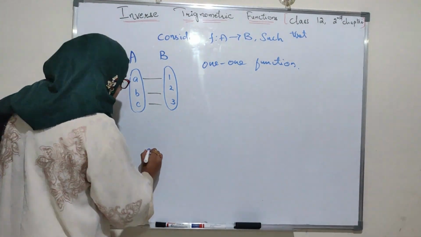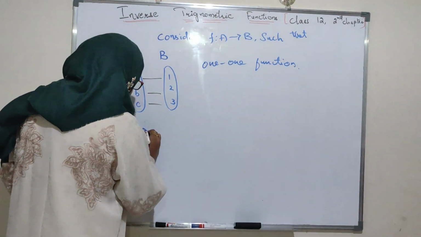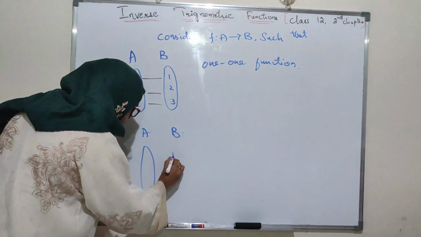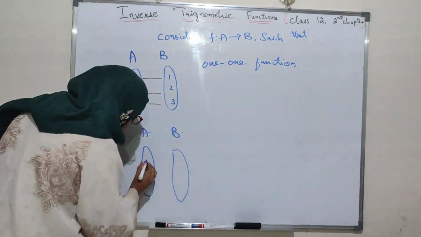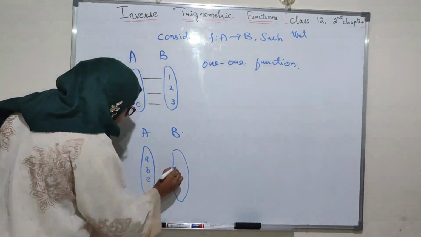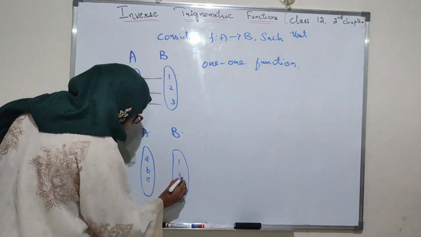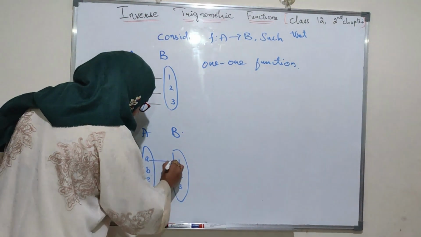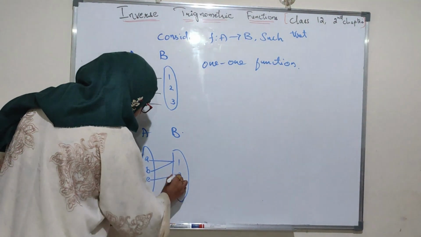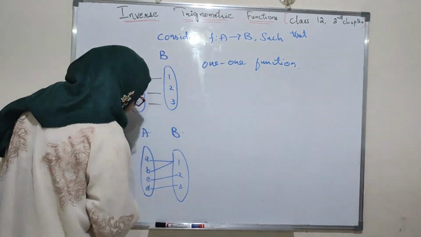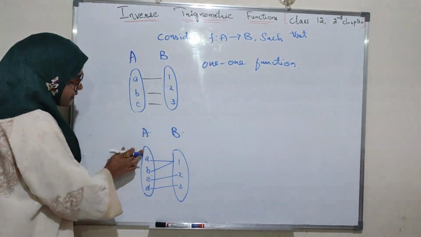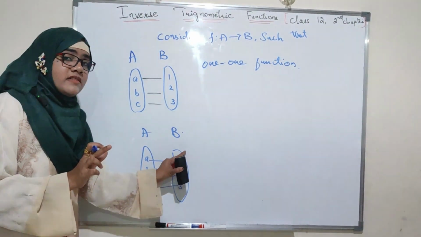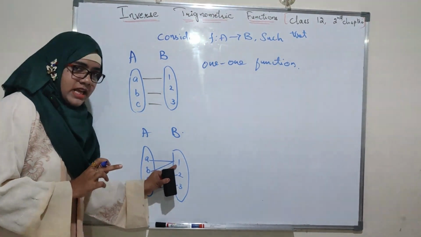Now consider another case where we have sets A and B. Here, the two elements A, B from set A connect to one element 1 in set B, or we can say A, B have the same image.